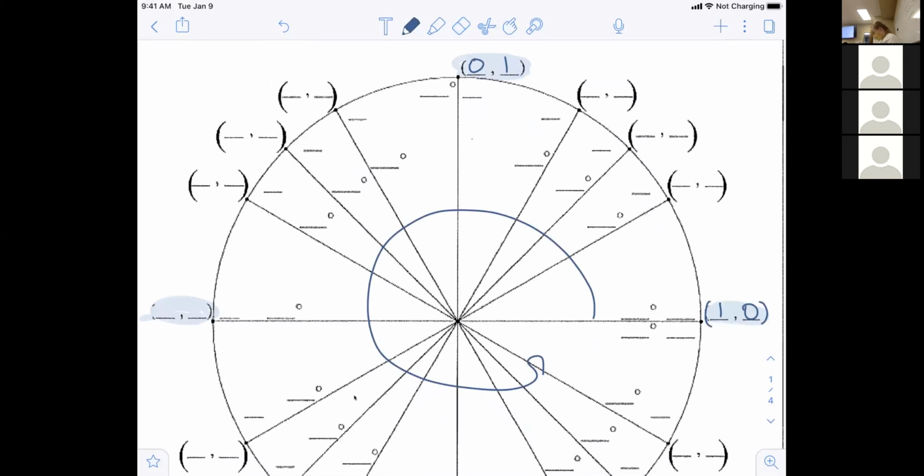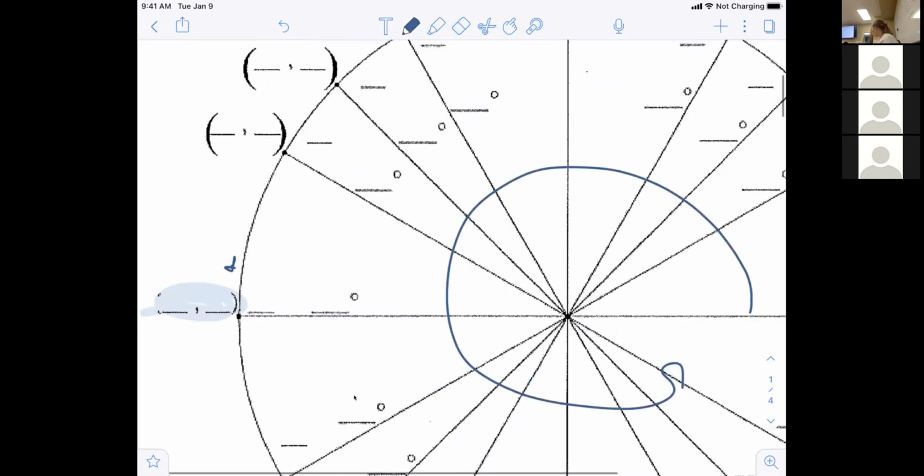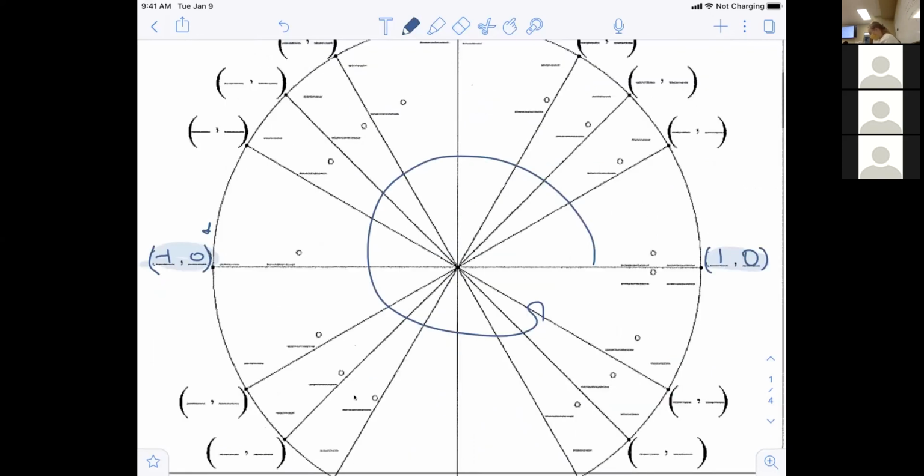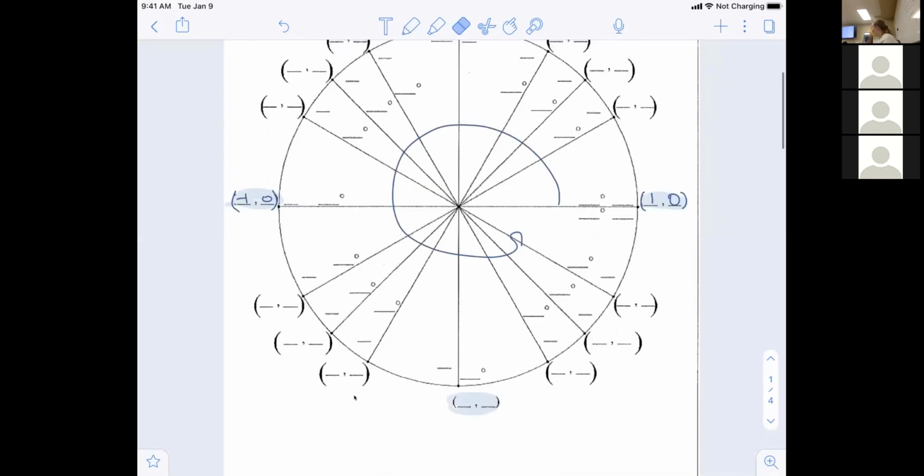What if I'm over here and I went left 1 and didn't go up or down any? Very good. And then that negative y-axis down here, where I just went down 1, I didn't go left or right any. 0, negative 1, very good.